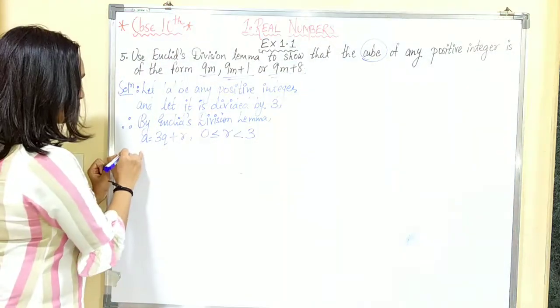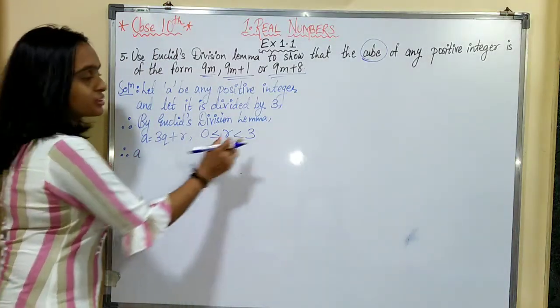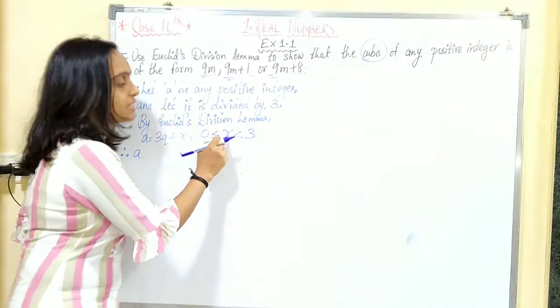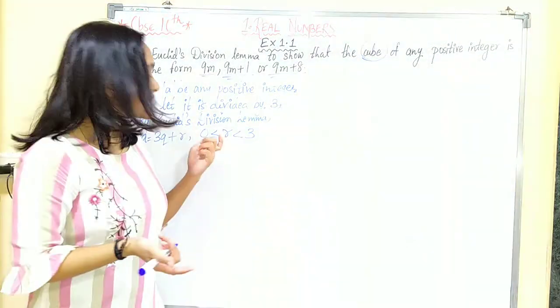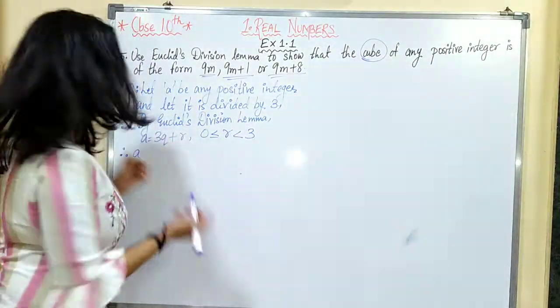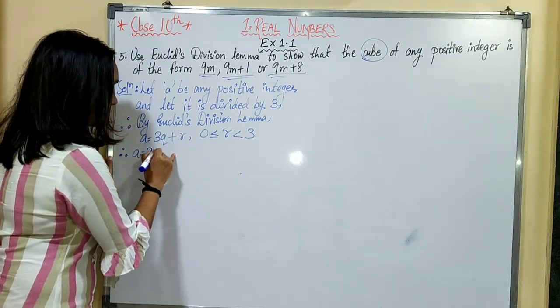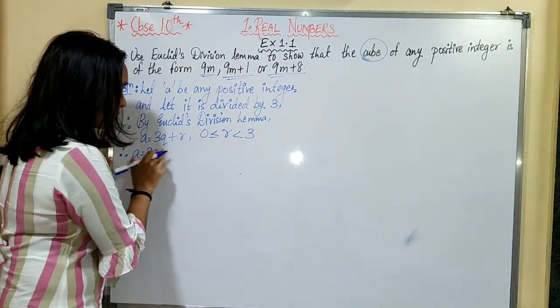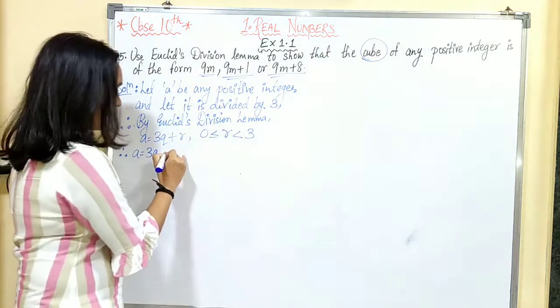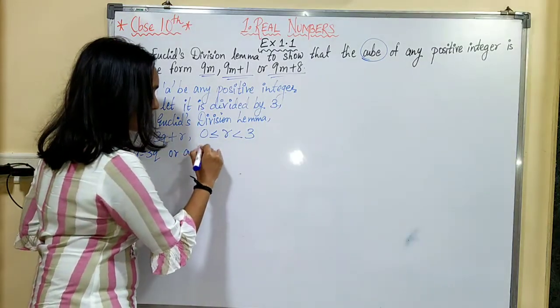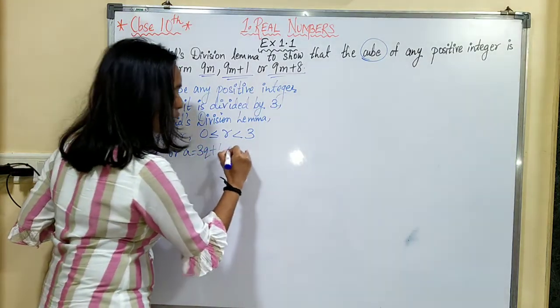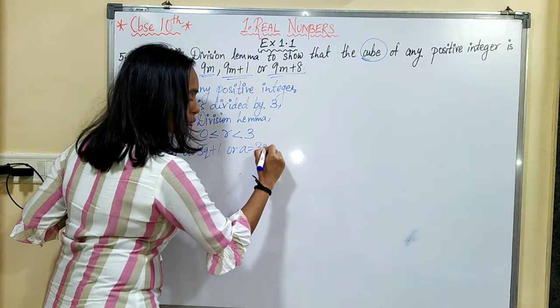So by substituting the values of r, the possible values of r will be 0, 1 or 2. So a equals to 3q plus 0, so that is 3q only, or a equals to 3q plus 1, or a equals to 3q plus 2.